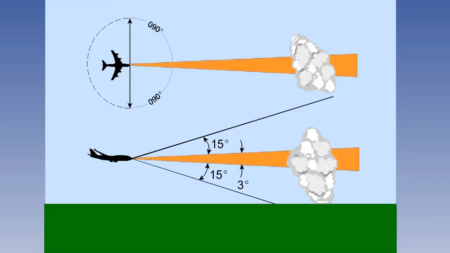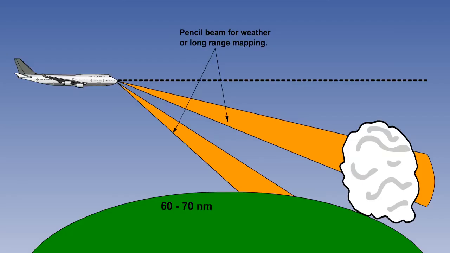Once airborne, for weather detection, the tilt angle is raised to avoid ground returns. Due to the curvature of the Earth, the tilt should be higher when the selected range increases or when the aircraft descends to a lower altitude.